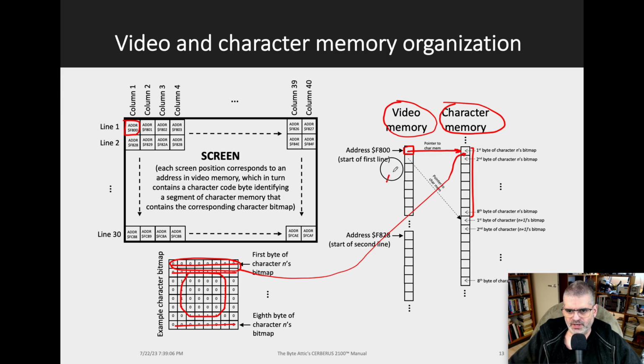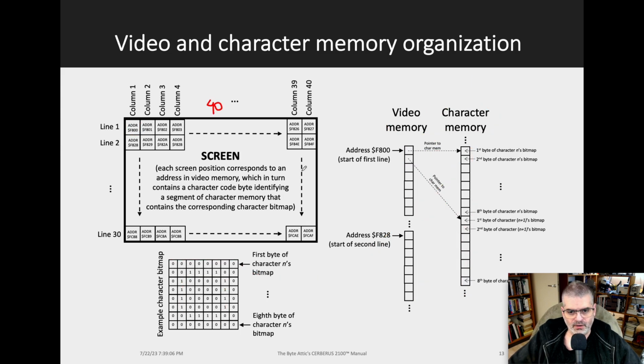Of course, the next address in video memory contains another character code, which may point to another position in character memory, where we will find the first byte of the other bitmap, and then all the way to the 8th byte of that other bitmap. And then this position in video memory, maybe it's pointing to someplace here in character memory. And maybe this one is pointing to someplace down here, and this one someplace over here, and so on. But that's how it works. We have 40 columns and 30 rows on the screen.